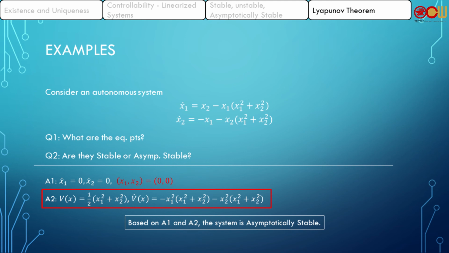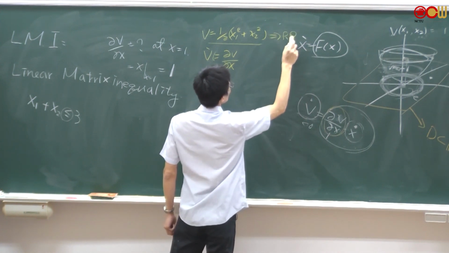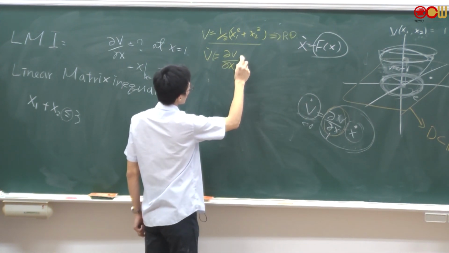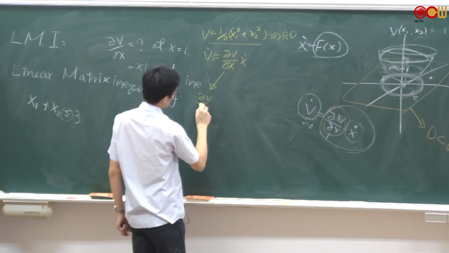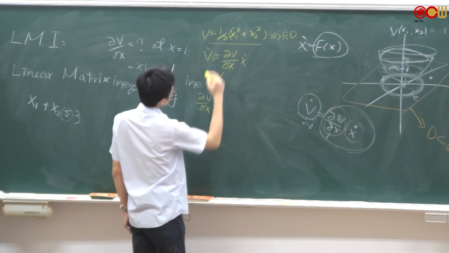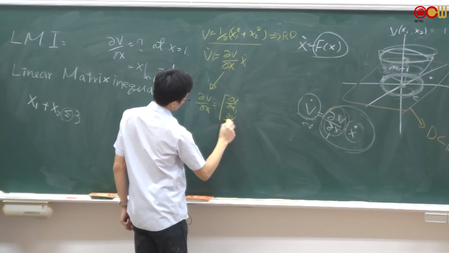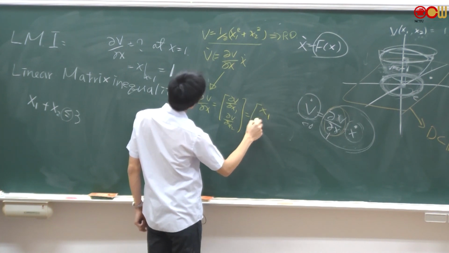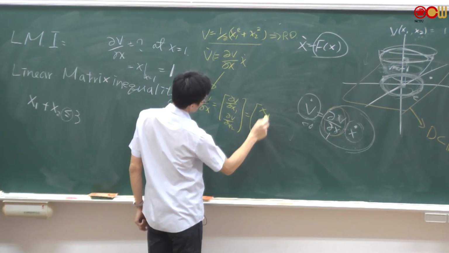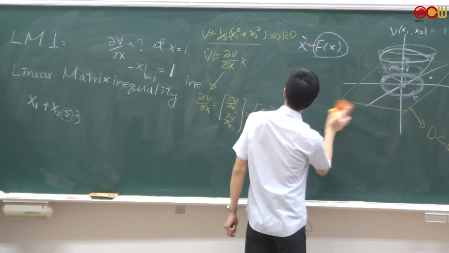And try to find what v dot is. The first step is you take the gradient of v. So this is PD, right? Positive definite. And x dot. So what is the gradient of v? What is Vx? Is that the dynamics?